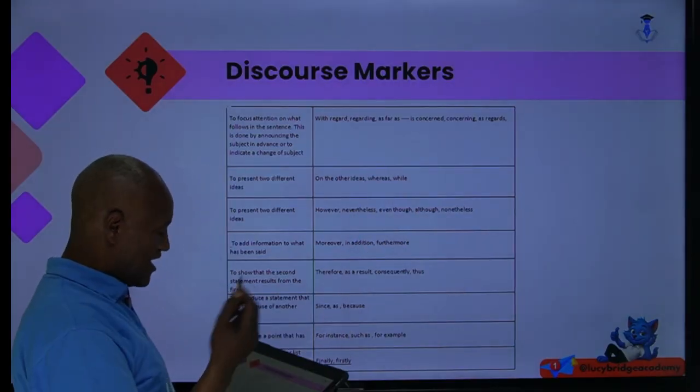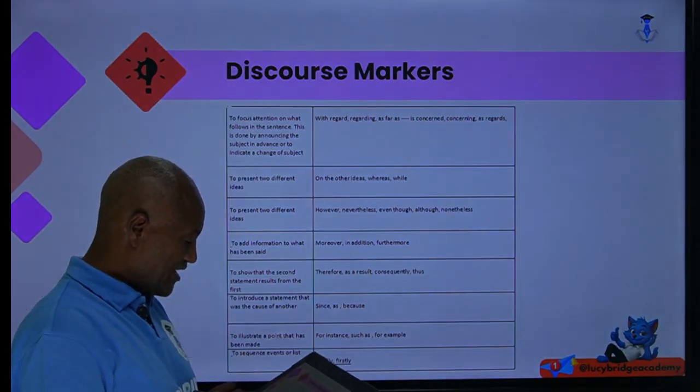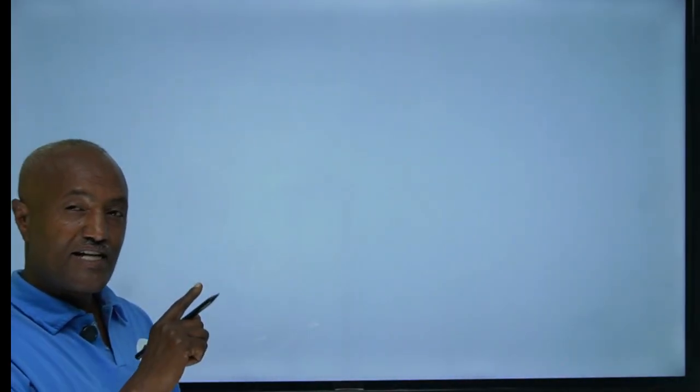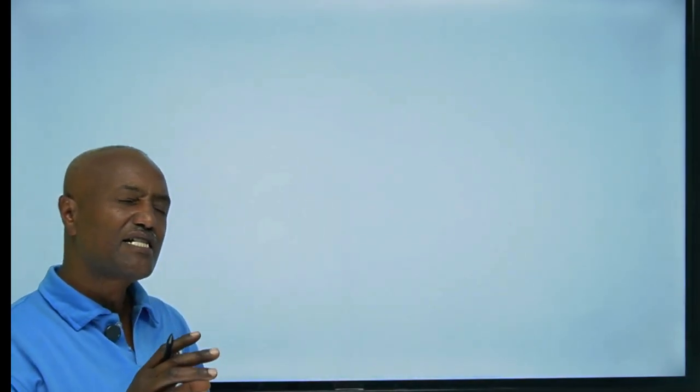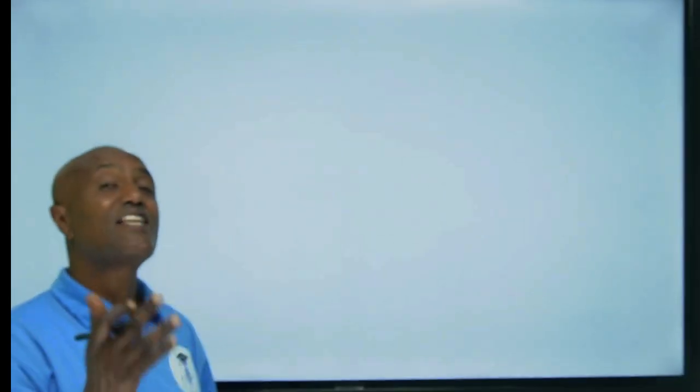For instance, let me show you one point here about this: contrasting and different ideas. Contrast means almost opposite, close to opposite, yes? Different ideas and other.